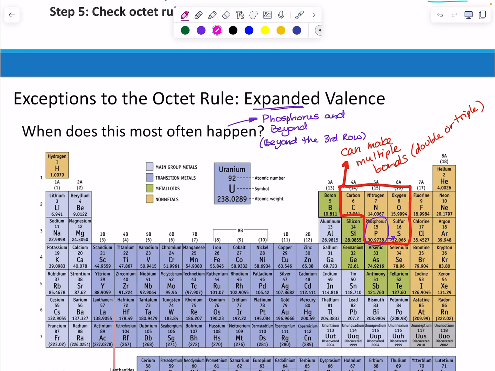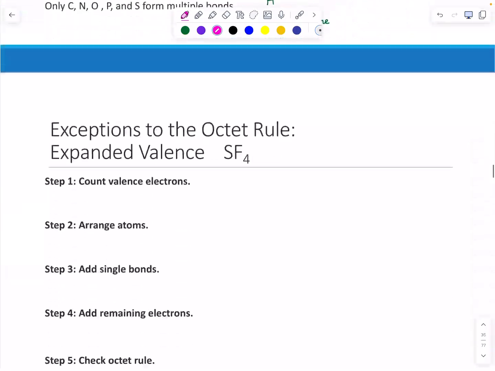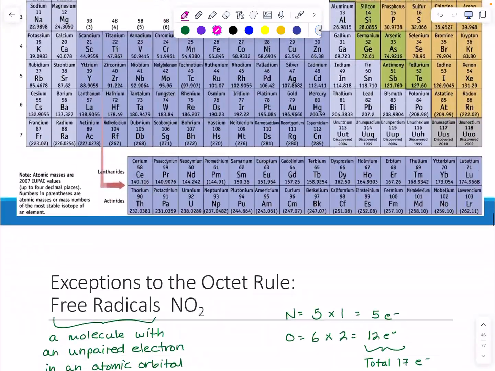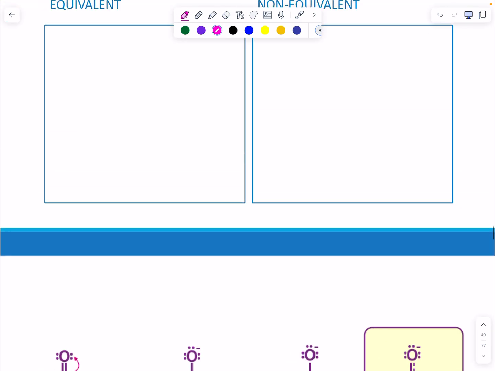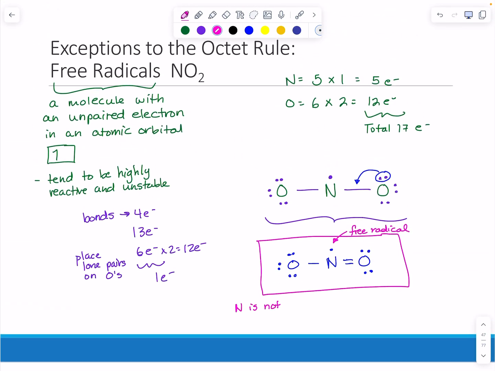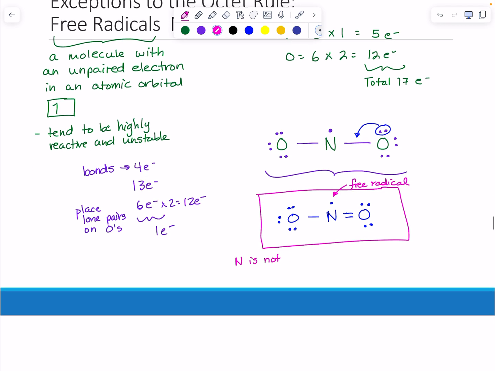Okay. So things that have a higher atomic number than phosphorus. Now remember that we're talking covalent compounds here, so it's going to be nonmetals that are beyond the third row. So things like bromine or selenium, tellurium, polonium, astatine, bismuth. All right, so nitrogen is not an element that can have an expanded valence.